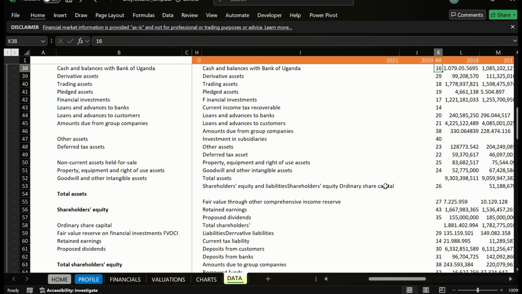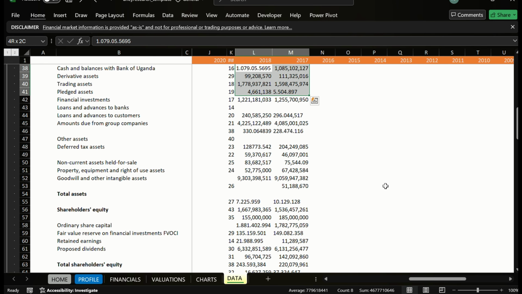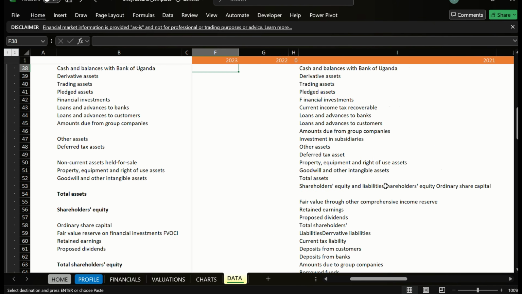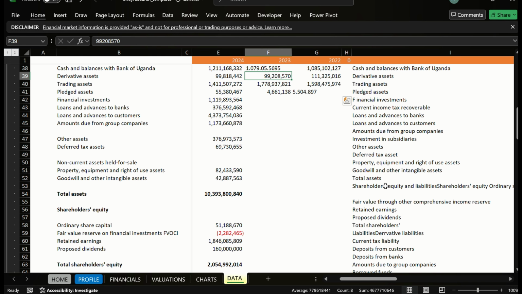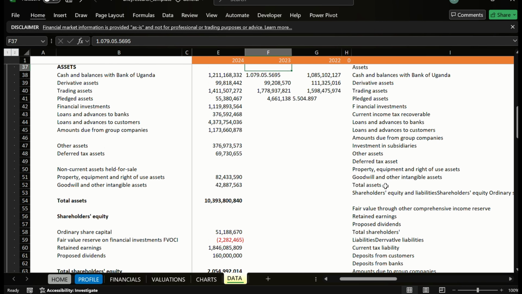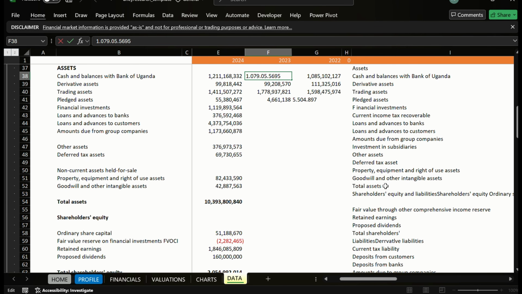So in this copy cash and cash equivalents, derivative assets, employed assets, and financial investments. So this was okay. Then edit this line by line.